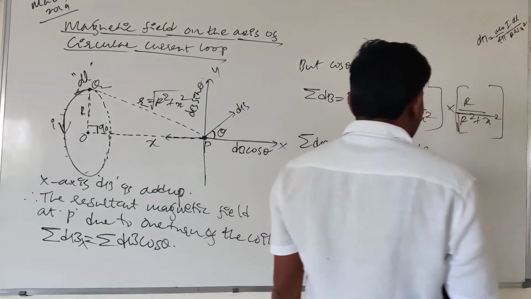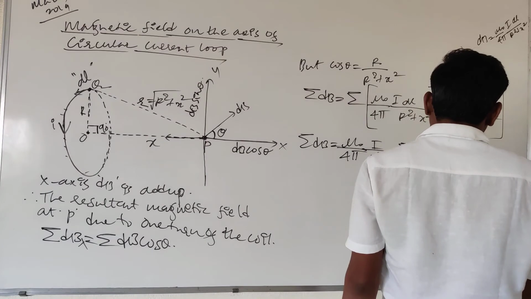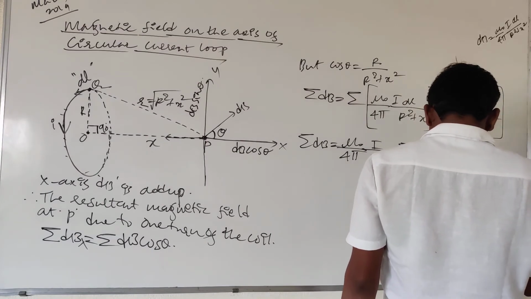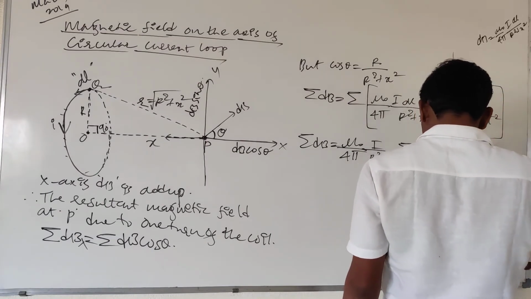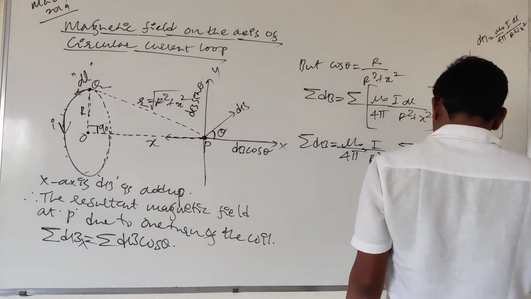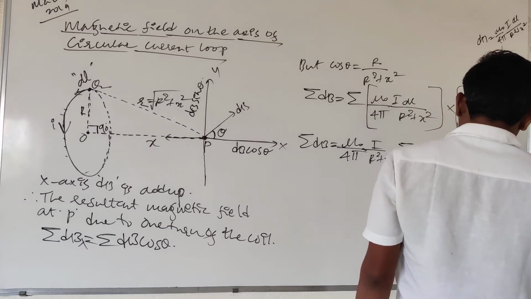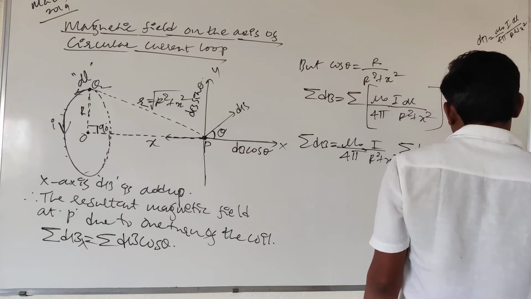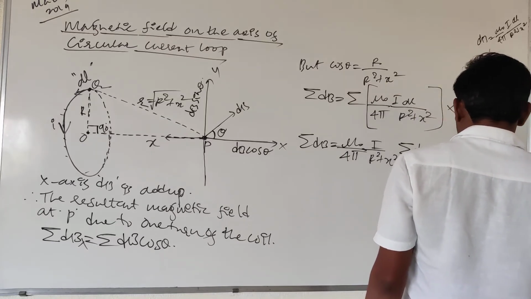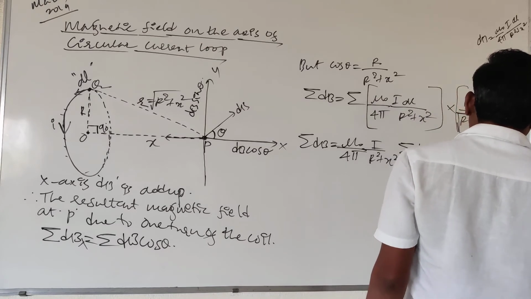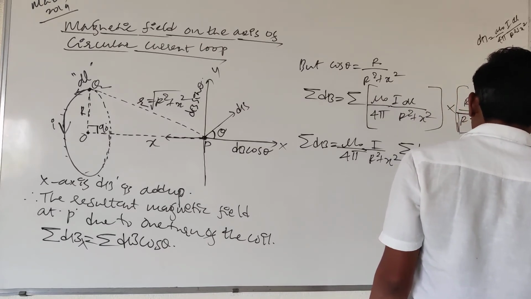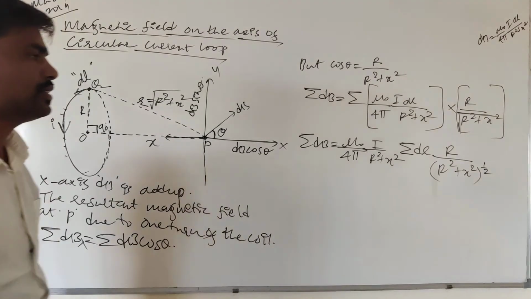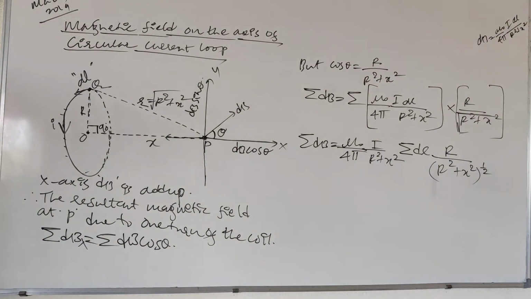Then after that I am going to write r square plus x square raised to 1 by 2, and I will remove that.